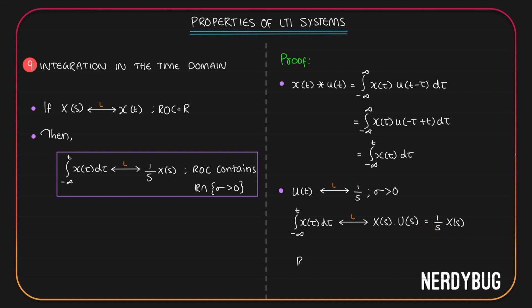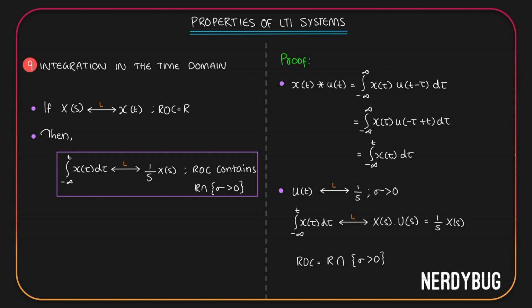So we could say ROC is going to be the intersection of the original ROC R and the ROC of the function with which we took the integration, that is u of t. The ROC of its Laplace transform is sigma greater than 0. So this will be intersection of R and sigma greater than 0.